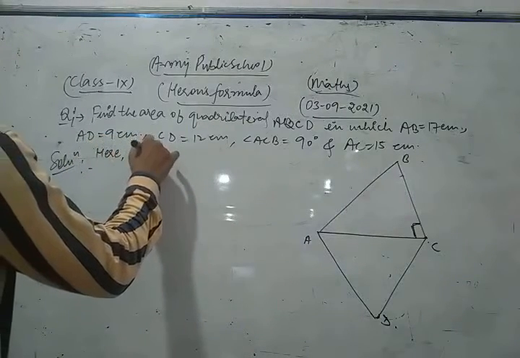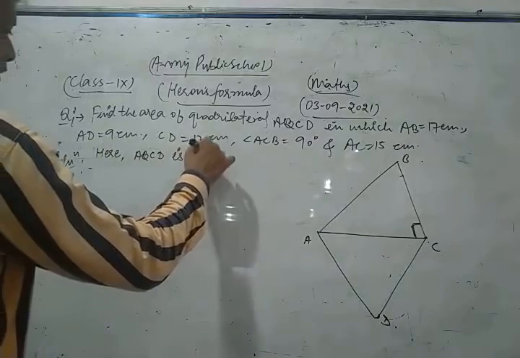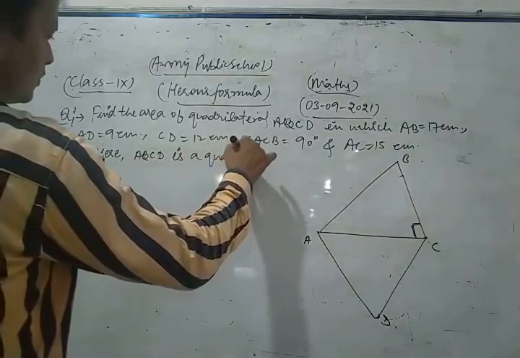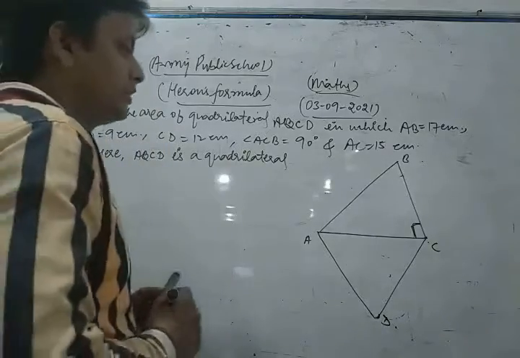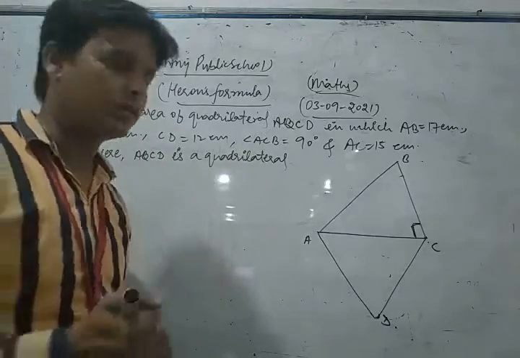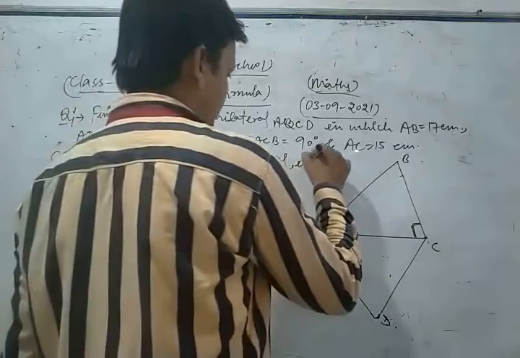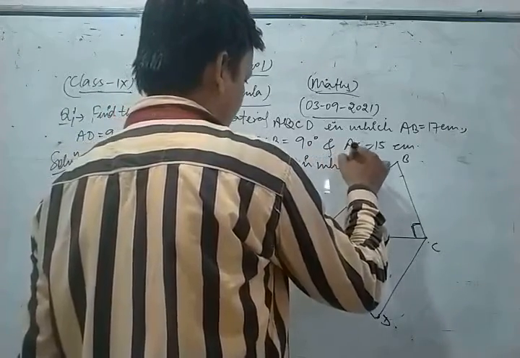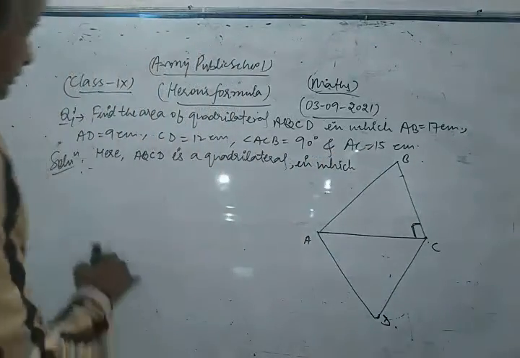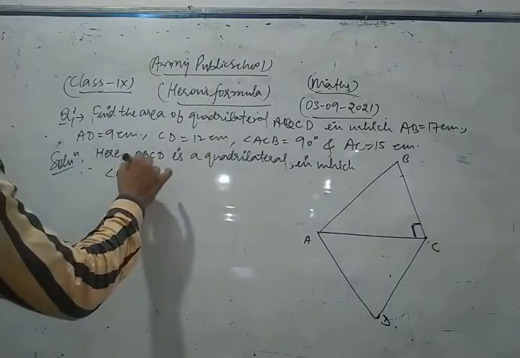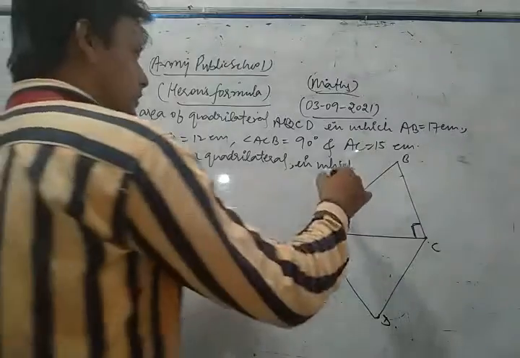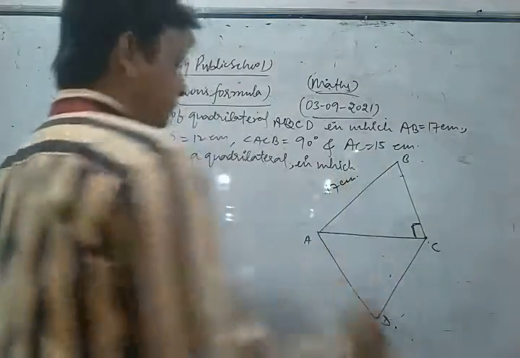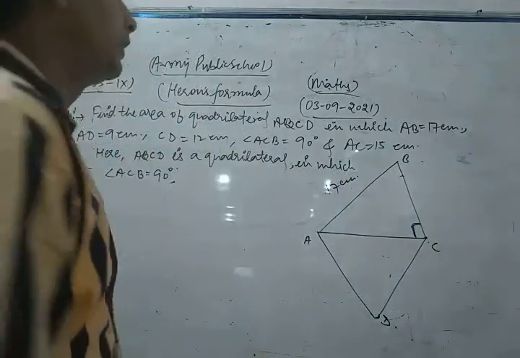Here ABCD is a quadrilateral, dear friends, in which angle ACB is equal to 90 degree. AB is given as 17 centimeter.